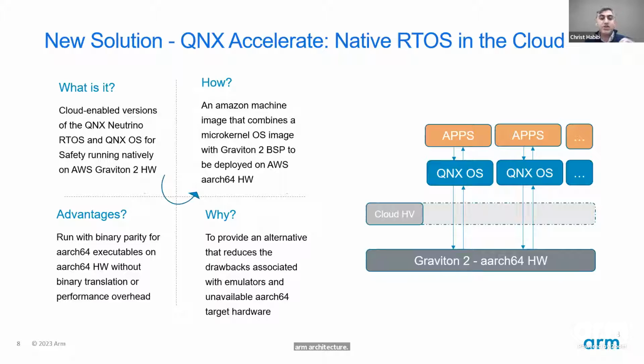That means you're getting one-to-one execution, the exact instruction set you've programmed for, with the ability to scale as much as you want in the cloud, without any of the drawbacks you normally have with physical hardware or emulators. So you get the proper execution instruction set, the scalability, and no performance overhead when you're running our RTOS in the cloud.